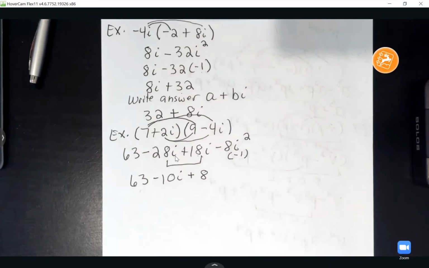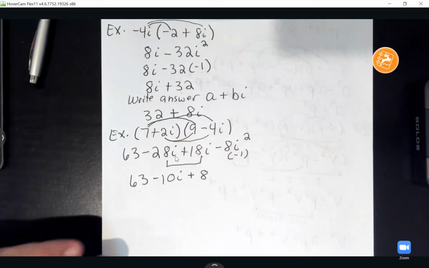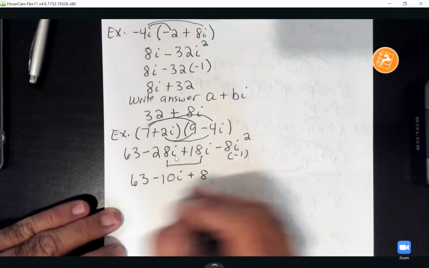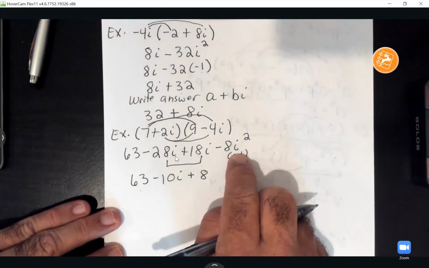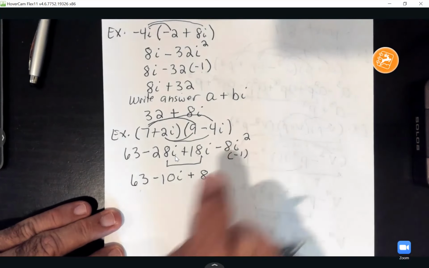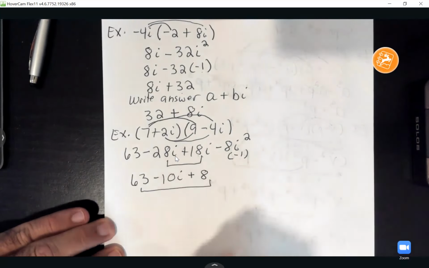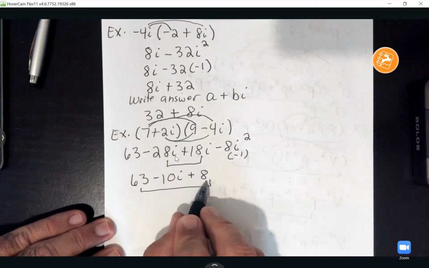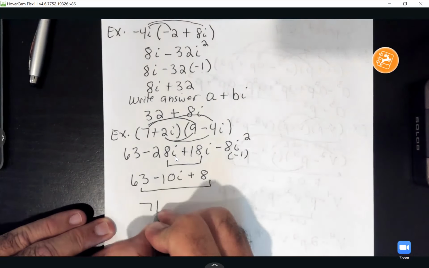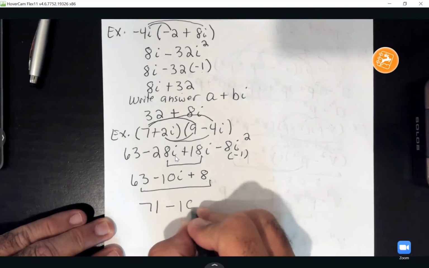Do y'all see one more step I could do? 63 plus 8. Because after you turn that i squared into a negative 1 and convert that, you're going to have two real numbers here. So 63 and 8 is, oh, what's that? 71 minus 10i.